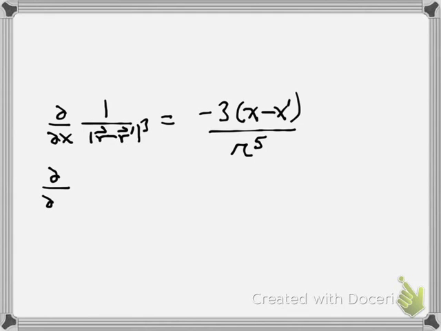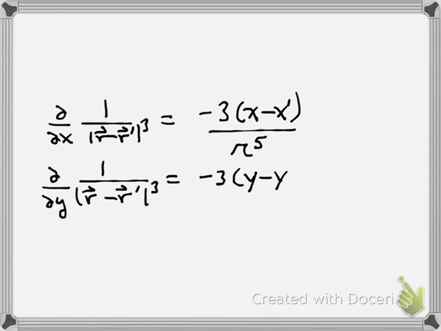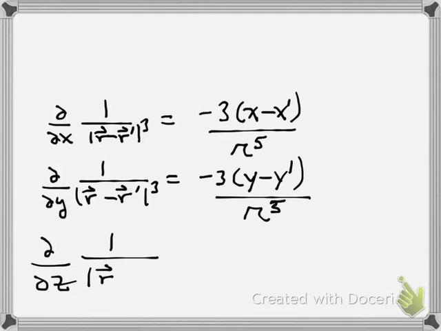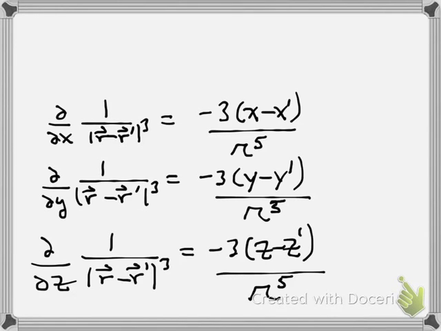I won't repeat it here, but they're very similar. d by dy of 1 over script R cubed is just going to be minus 3 times y minus y prime over script R to the 5th. And then d by dz is just going to be minus 3 times z minus z prime all over script R to the 5th.